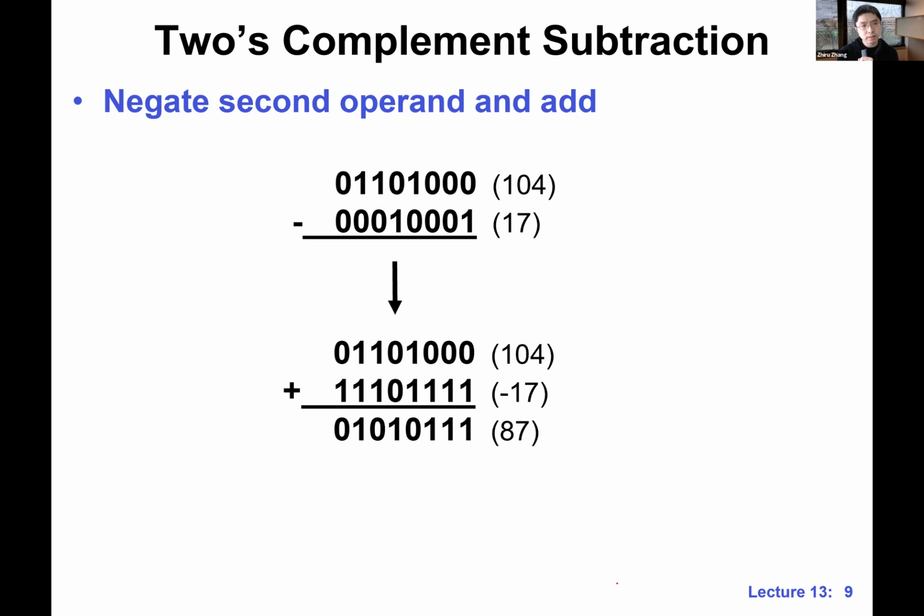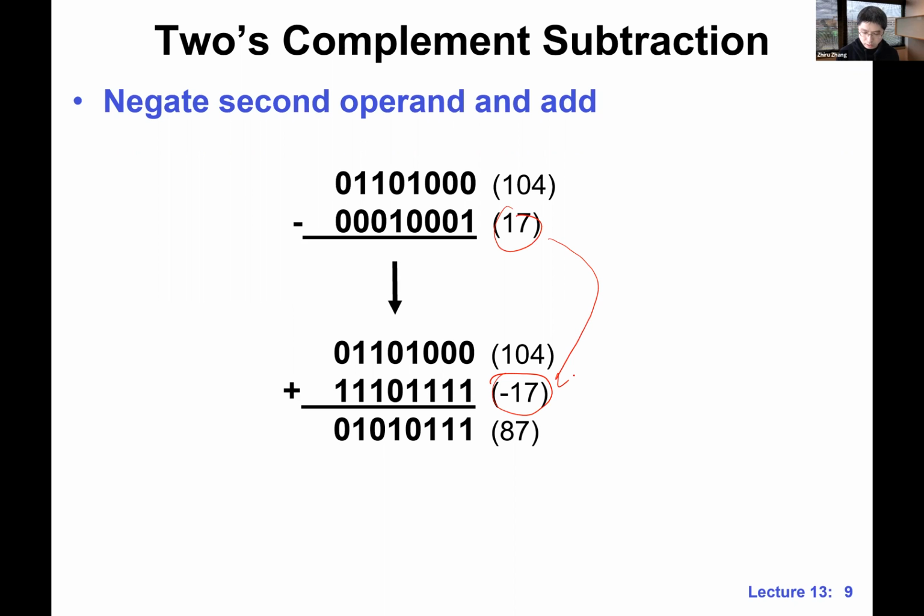First, let's do this step by step. To make use of the adder, all we need to do is, 104 minus 17 is the same as 104 plus minus 17. Obviously, this is true. So that's the idea. But how do you get this one? How do we go from here to here?